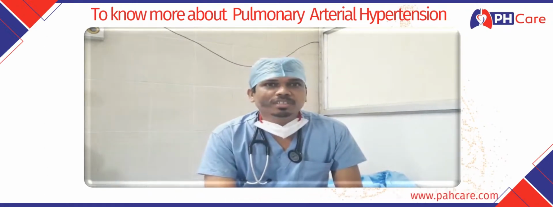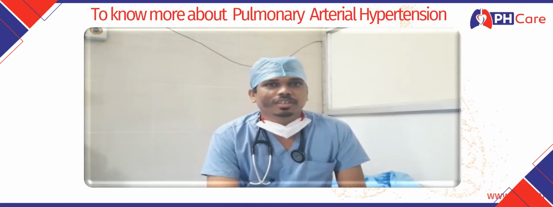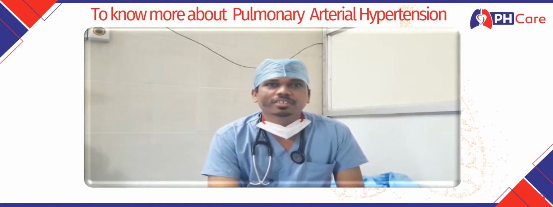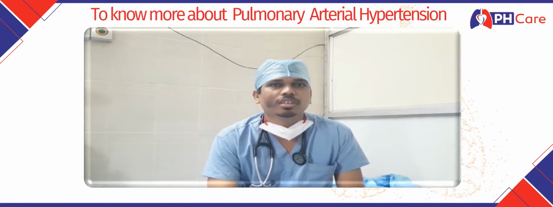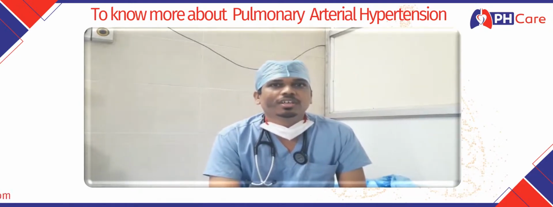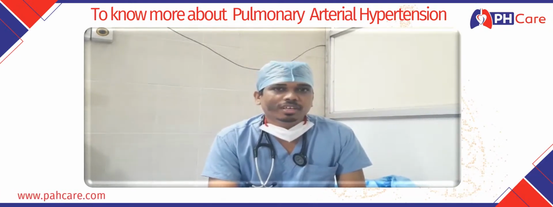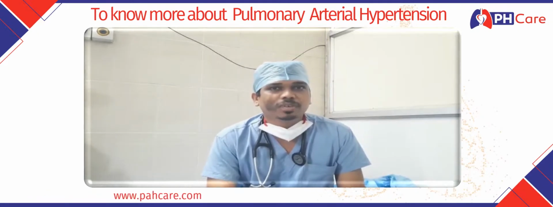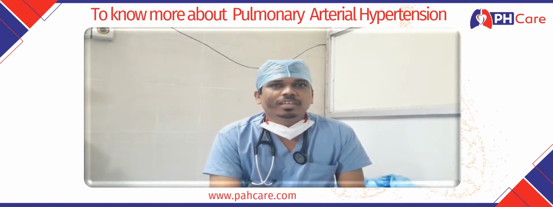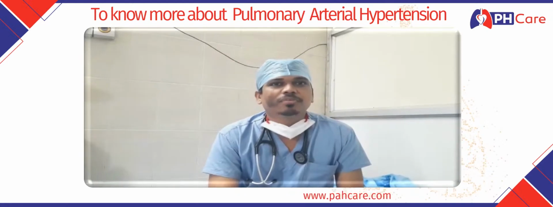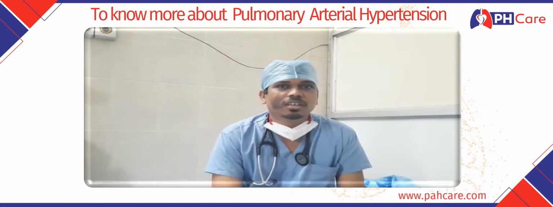So what happens in this pulmonary hypertension? There is congestion and increased breathlessness during mild to moderate exercise, and ultimately when the right ventricle fails, the signs of right ventricular failure appear, like leg swelling, anasarca, and increased jugular venous pressure.